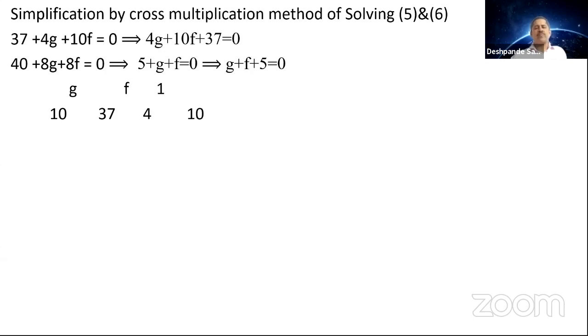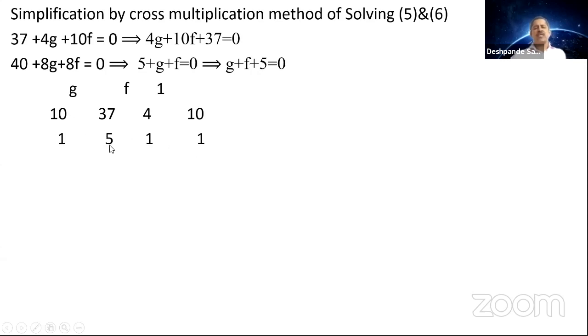Next, the second row. Again, you start with the coefficient of f, then the constant, the coefficient of g, and the coefficient of f back. So it is 1, 5, 1 and 1. So the coefficient of f is 1, the constant is 5, the coefficient of g is 1 and the coefficient of f again is 1. So you start with 1 and end with 1. The next step, what do you do?